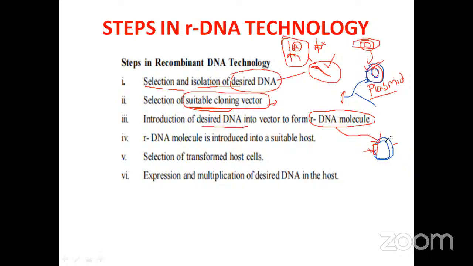The second one is the plasmid. So the plasmid genome is different, the plant genome is different. That's why it is called an rDNA molecule. Right. Now rDNA formation is clear. In the fourth step, the rDNA molecule is introduced into a suitable host. So what is our concept? The concept is that we get multiple copies of the desired gene.